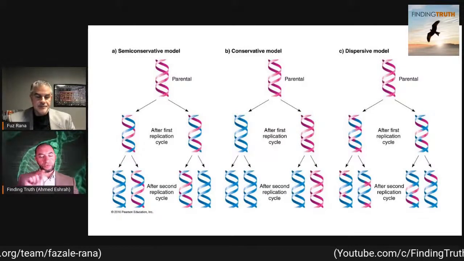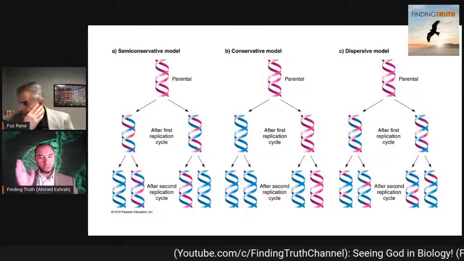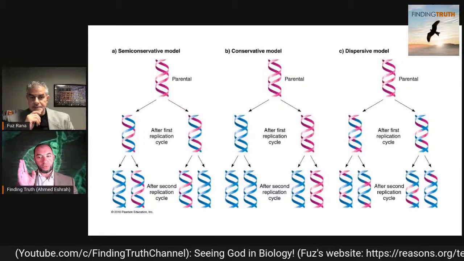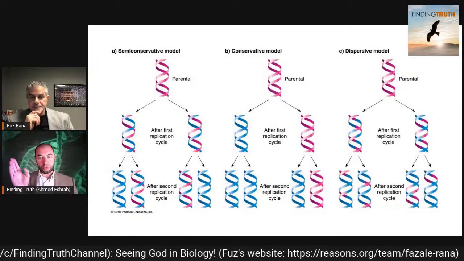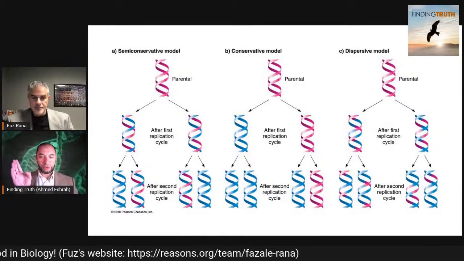If I understand correctly, what you have on the screen here are the three possible models. Obviously the one to the very right, the dispersive model, would be a complete chaos because you wouldn't know which part is coming from where.